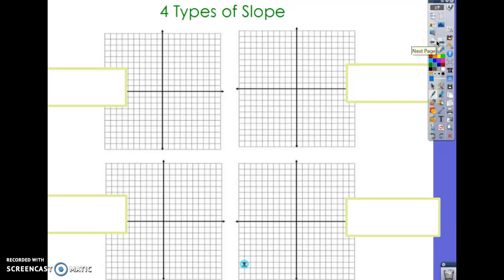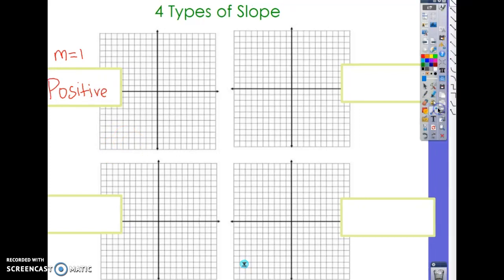There are 4 different types of slope. All right, so the first type of slope, for example, is when our slope equals 1. Well, 1 is a positive number. Positive slope. So if we draw a line that is going up, this has a positive slope.